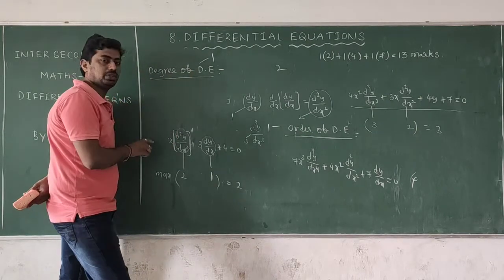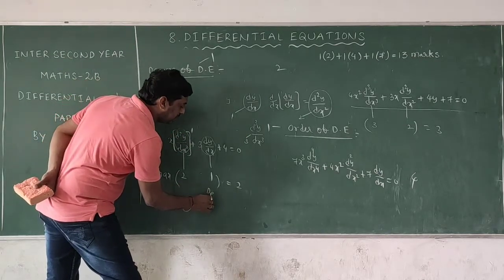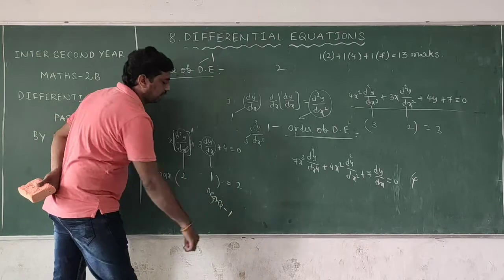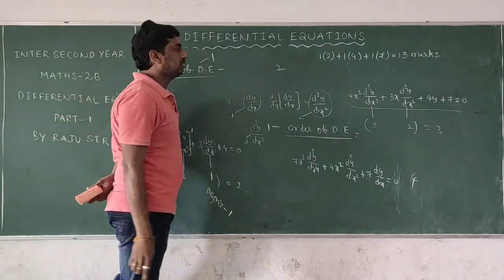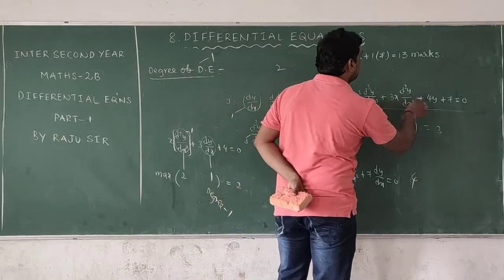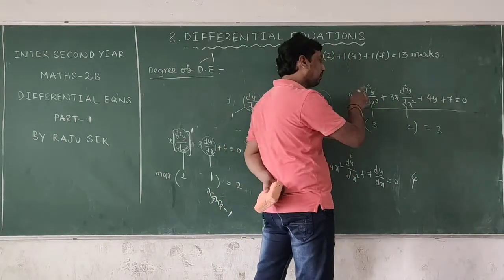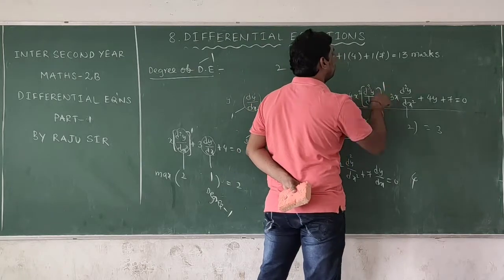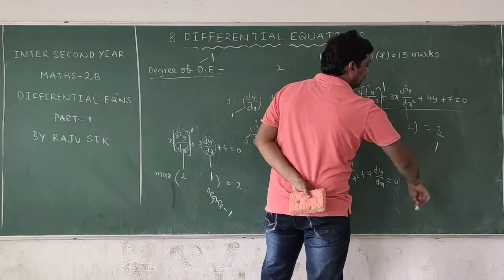Here the power of this one is 1, that's why the degree of this differential equation is 1. Okay, order 2 degree 1. Next we go for here, the maximum order derivative is d cube by dx cube. The power of this one, there is no power, 1. Okay, that's why order 3 degree 1.